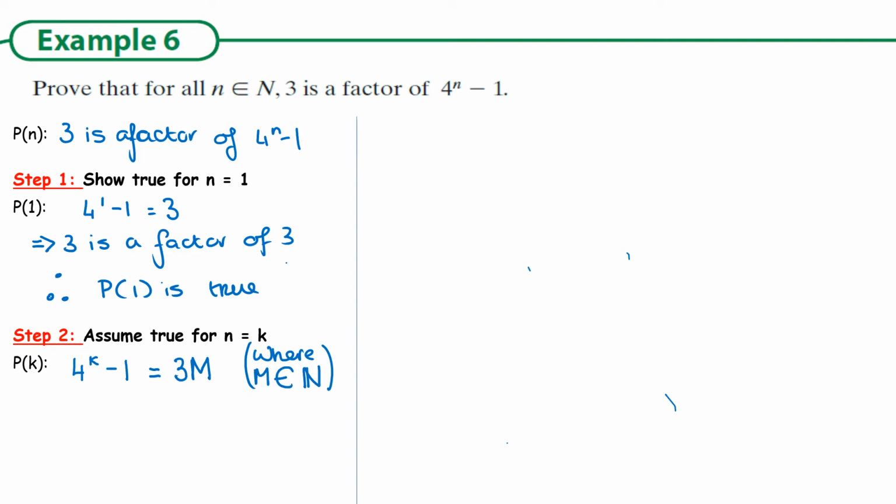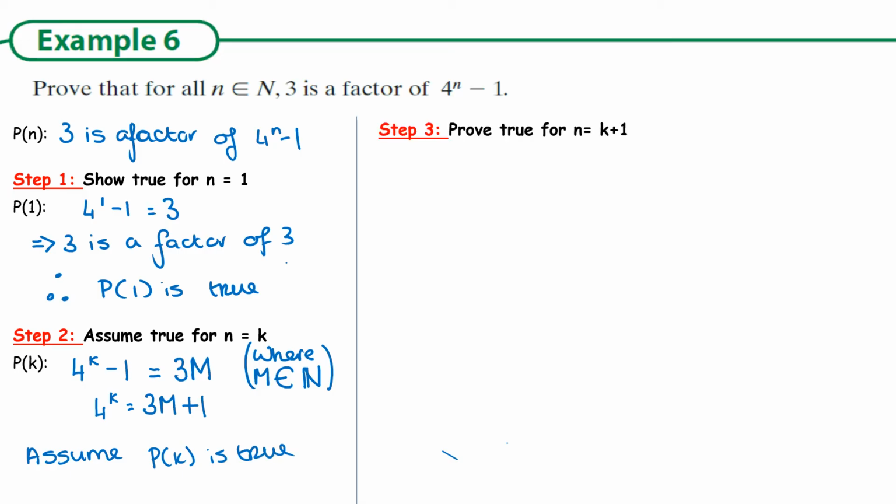That's a nicer way, I think, to write it. In order for us to use that, we're going to bring that 1 over. So we're going to have 4 to the power of k equals 3m plus 1, and you'll see why we do that in a second. So we're going to assume Pk is true.